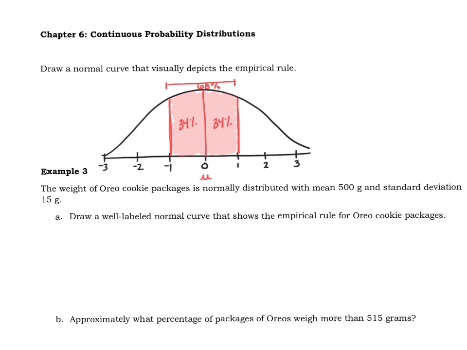The next mark said that 95% of the data falls within 2 standard deviations of the mean. So now we're talking from here out to here. This is 95%.